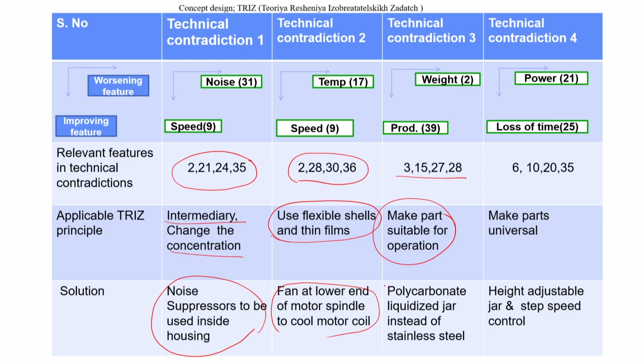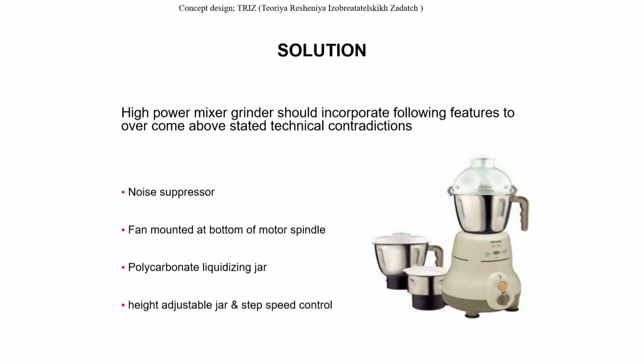So, they brought out a polycarbonate liquidizer jar, okay, instead of stainless steel. And then power versus loss of time, make parts universal. So, height adjustable jar and step speed control, etc. With that they have designed a new high power grinder, which they claim will have a noise suppressor, a fan mounted at the bottom, a polycarbonate jar, a height adjustable jar and step speed control.